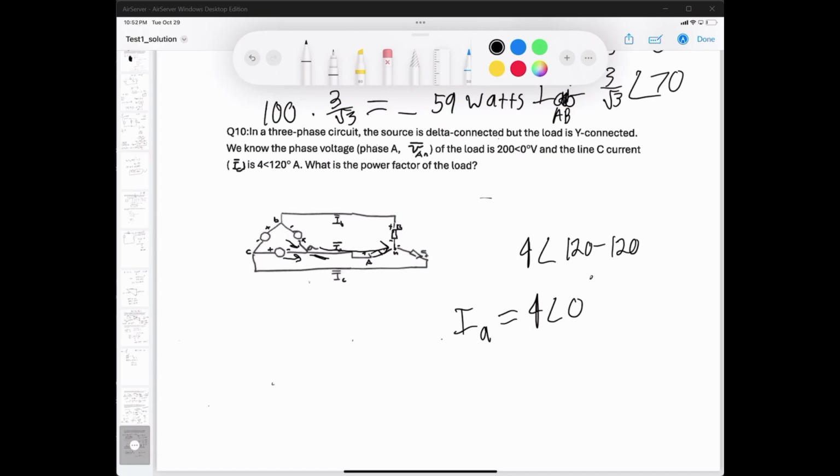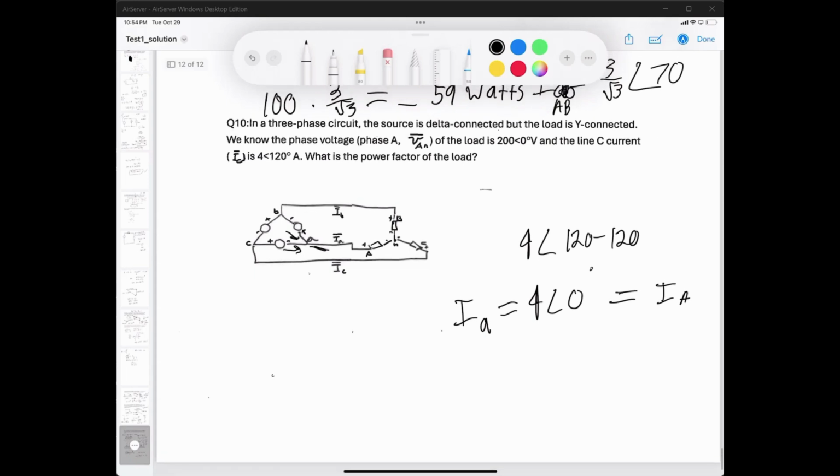If we look at the line current specifically, line A goes straight to neutral, so there is no difference between the line current and the phase current. So this is equal to the phase current at the load.